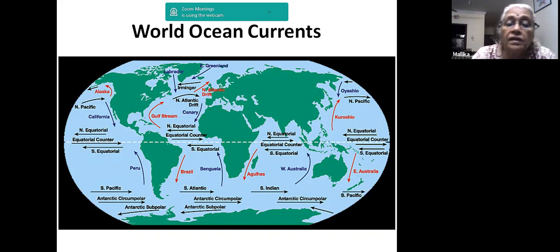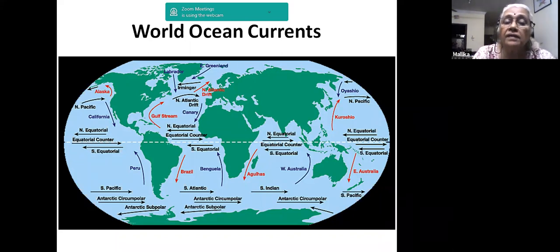So Peruvian, Canary, Benguela, West Australian currents do not give any benefit of rainfall because they are cold currents. Okay, and all the others, the warm currents, will all increase temperature, increase rainfall, right? Because you have higher rates of evaporation.